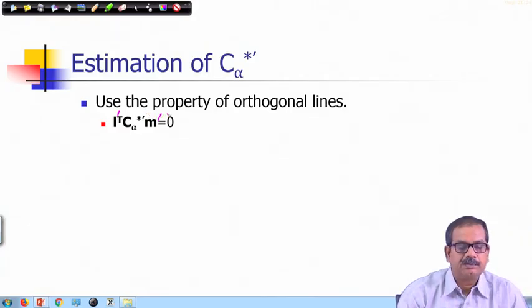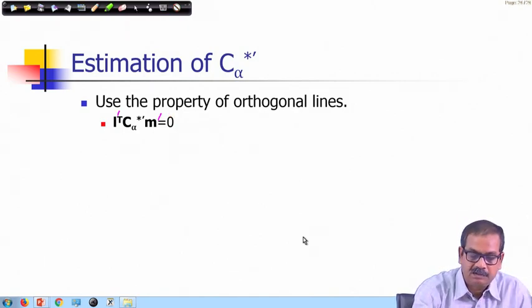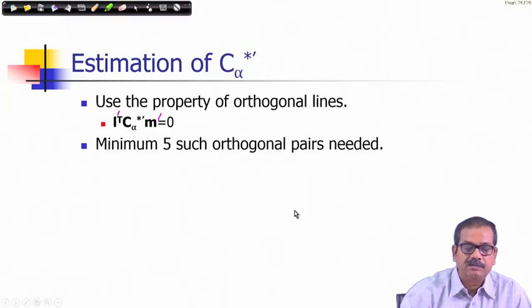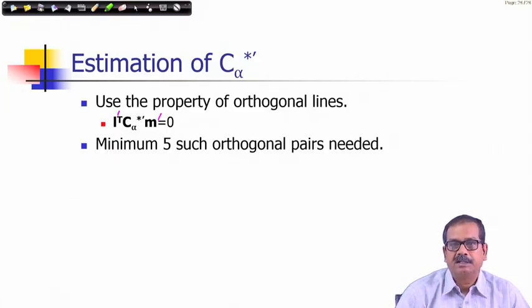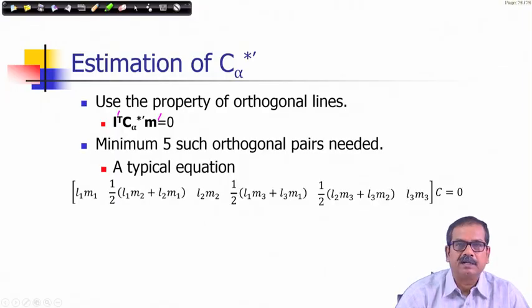So, L prime transpose C infinity star prime M prime should be equal to 0, and that would give me an equation. Since, as we know, there are 5 independent parameters in the conic, a minimum of 5 such orthogonal pairs are needed so that you get 5 different equations to solve. So, a typical equation will look like this.